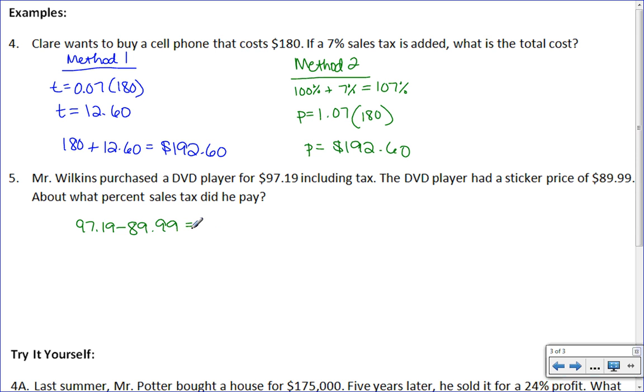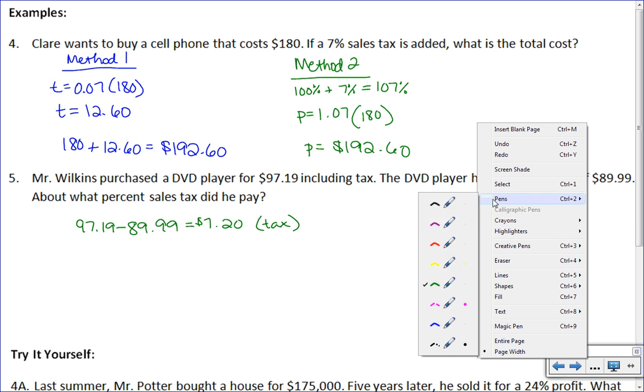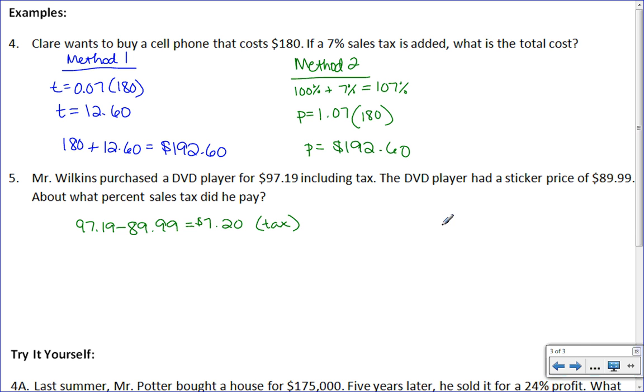When we subtract those, that gives us a total of $7.20. And again, this is just the amount of sales tax. Well, now we can write a percent equation to find the percent. So the part, which is the tax, $7.20, is equal to the percent, which we don't know, of the whole, which is the original price of $89.99.